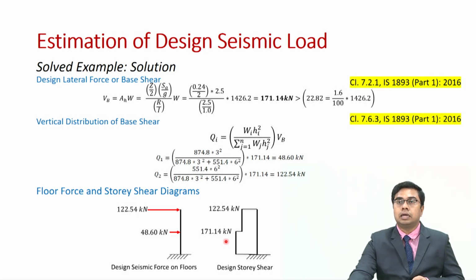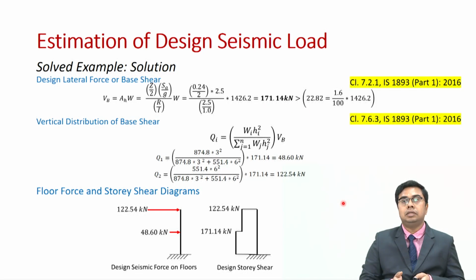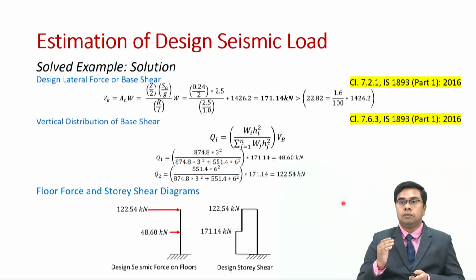For a quick check, the design story shear for the bottom story shall always be equal to the total design base shear, which was 171.14 kilonewton.